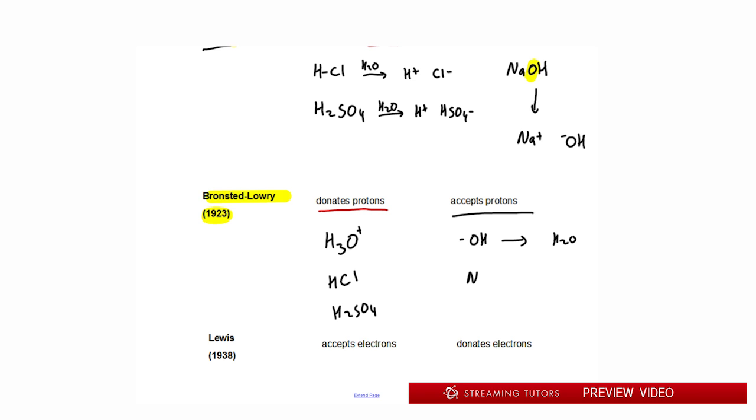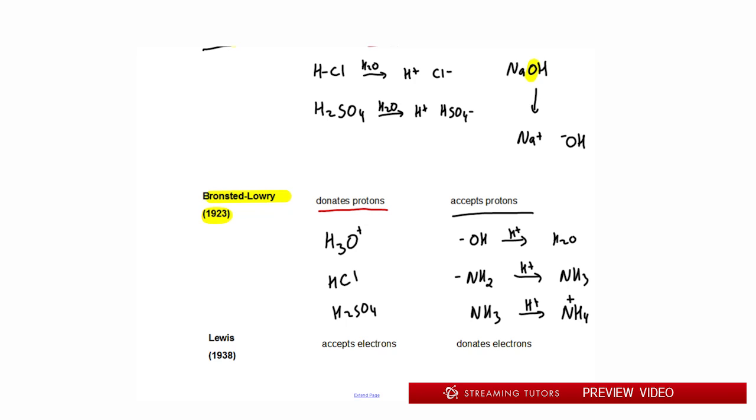But also, let's say NH2 minus or even NH3, as long as they're willing to accept some proton from the environment. So this becomes NH3, this becomes NH4 plus. So these are examples that are not hydroxides, but they accept protons, right?